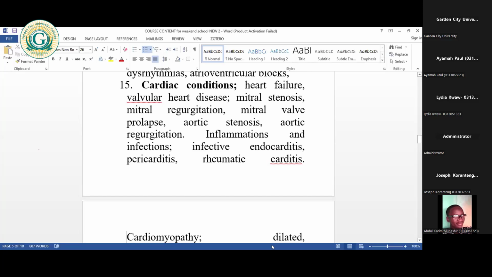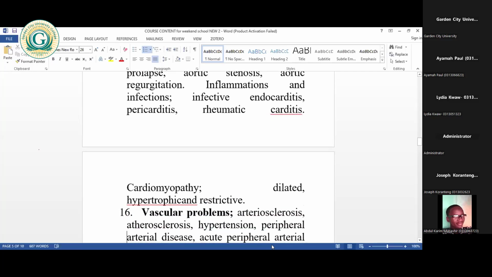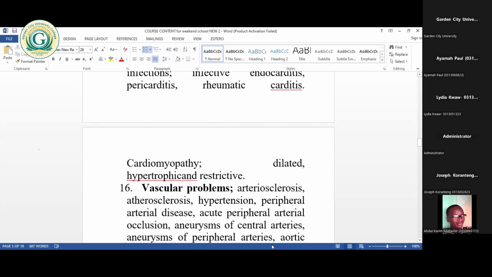Here we look at infective endocarditis, pericarditis, rheumatic carditis or rheumatoid carditis. Then we look at cardiomyopathies. We have the dilated, hypertrophic, and restrictive. Then we look at vascular problems.